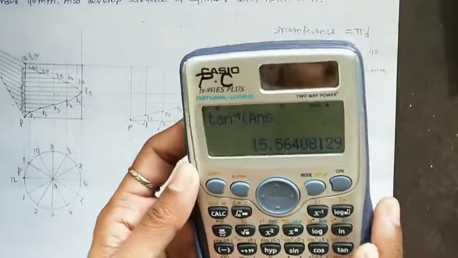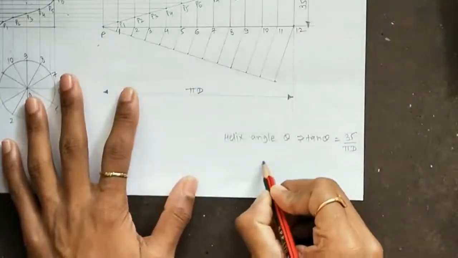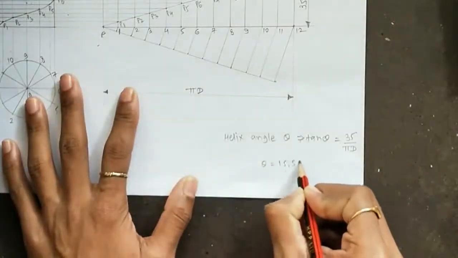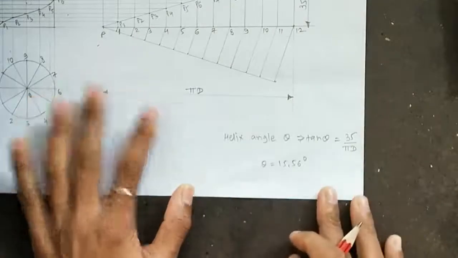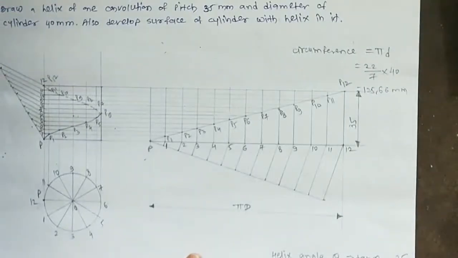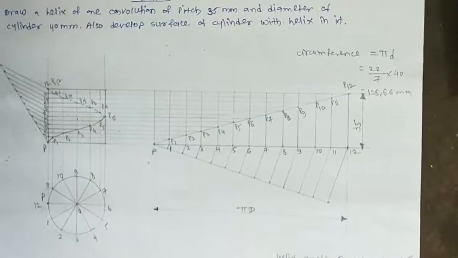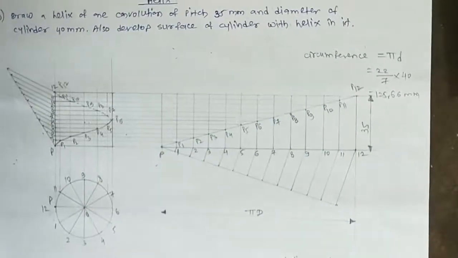So theta will be 15.56 degrees. In this way you can calculate the angle of the helix, or helix angle.